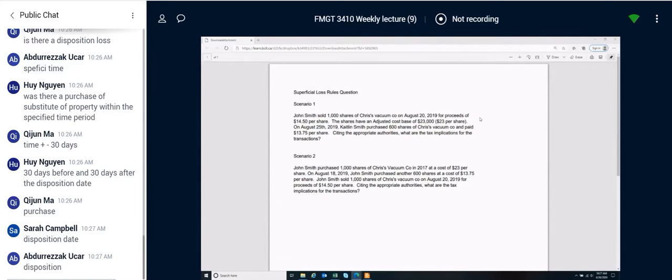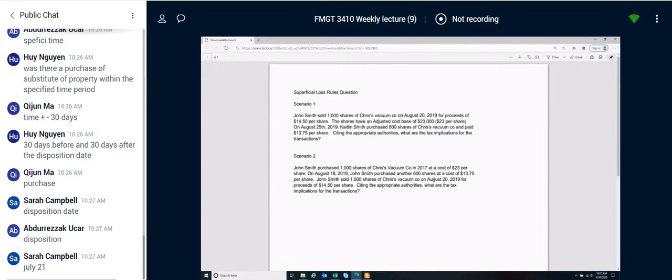So your disposition date is August 20th. So it's got to be 30 days before, 30 days after. So what is my 30-day before point? Okay, so July 21, on the basis that July is 31 days.